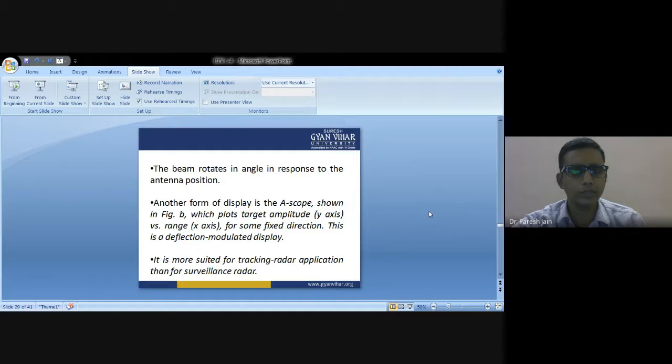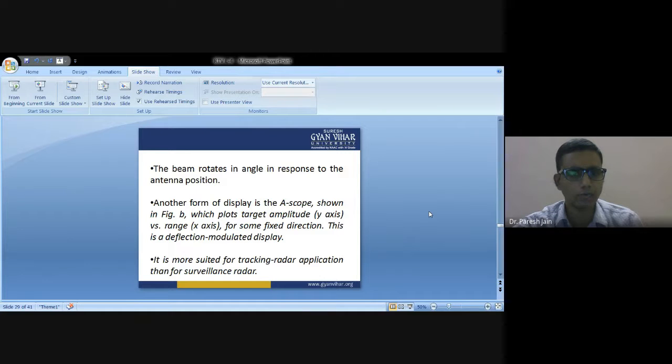The beam rotates in angle in response to the antenna position.